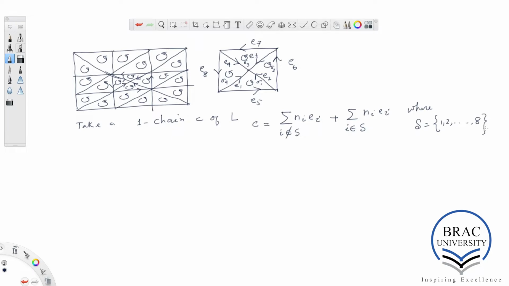Okay, so there are eight positive integers here.